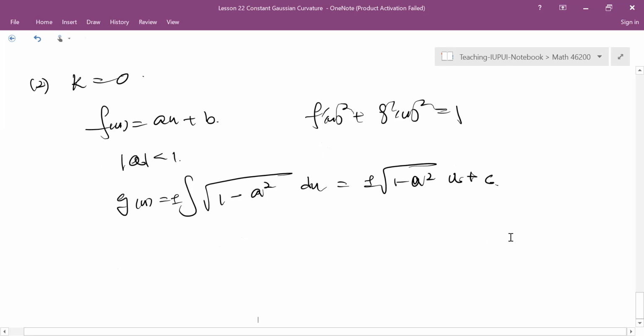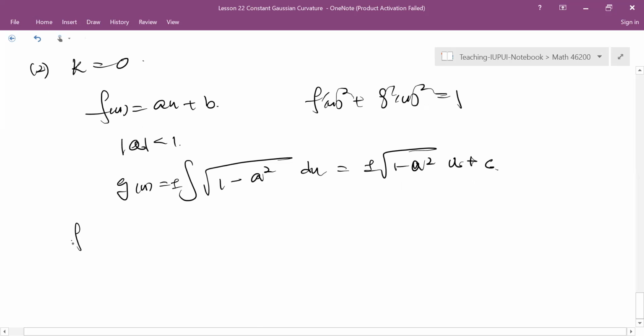Now, what do we get? We get a cylinder, and I think we can get a cylinder and a cone. Okay, that's two types. Okay.